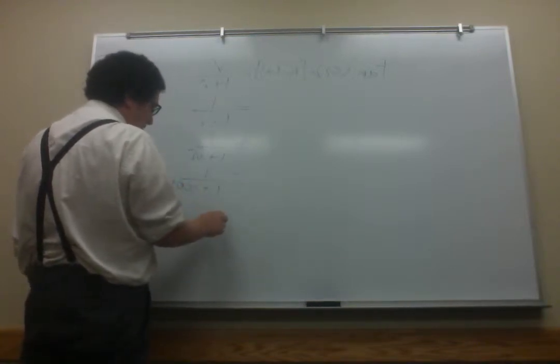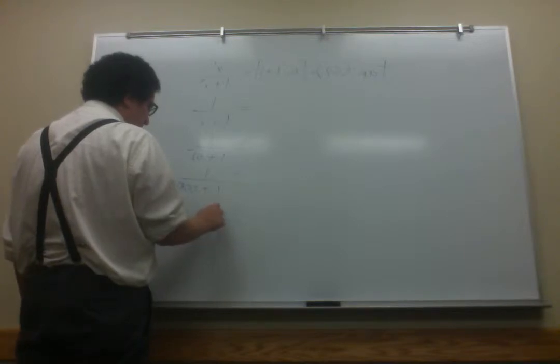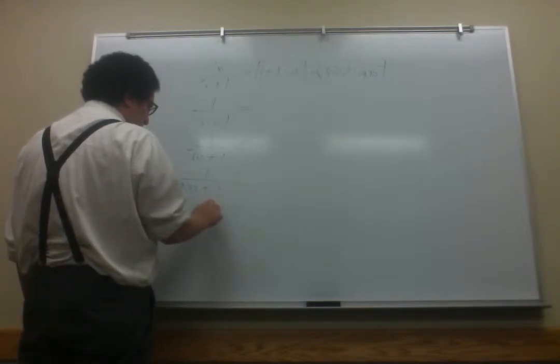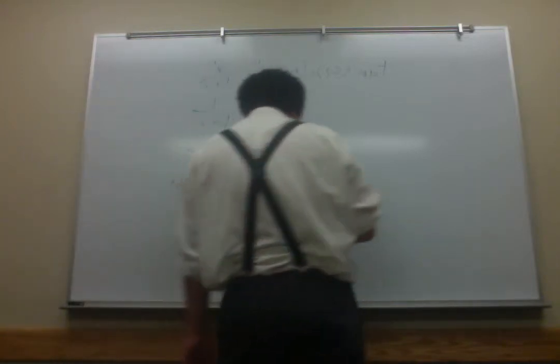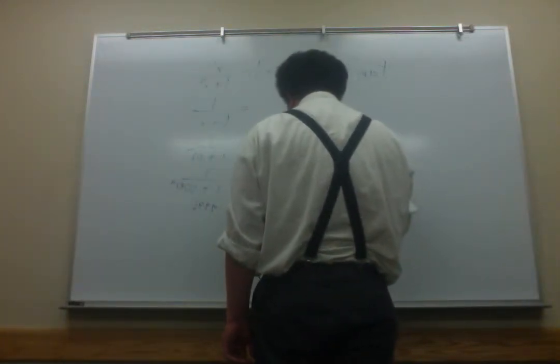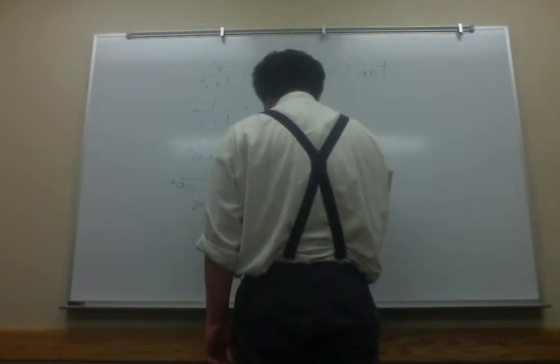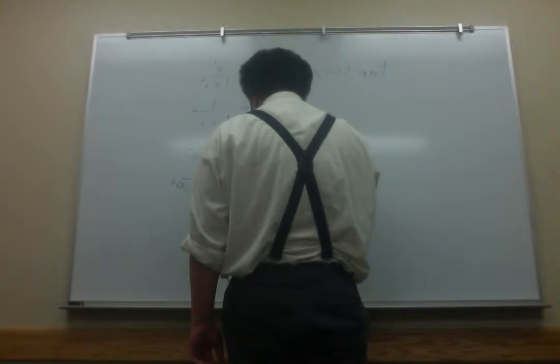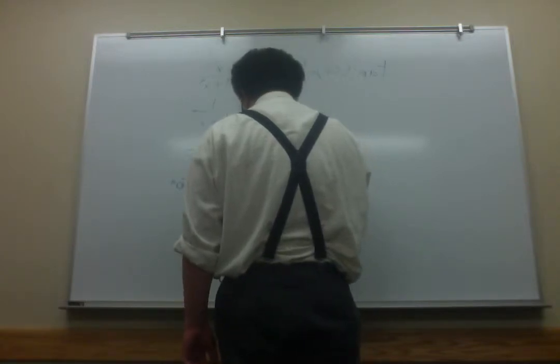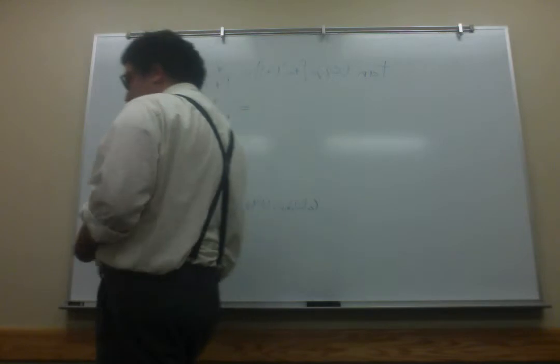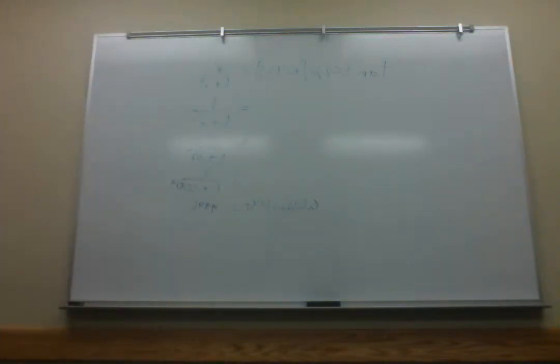Because we got like 0.9 something there. 3 nines and then a 6. And then the calculator got 1.1458.